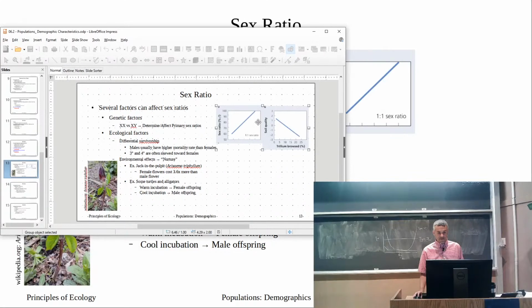So this is the figure that should be up, and we're only getting part of it. These figures are on the handout, so they're there. The study went out and looked at this trillium, another species, to see the percentage of browsing that occurs on that plant species.